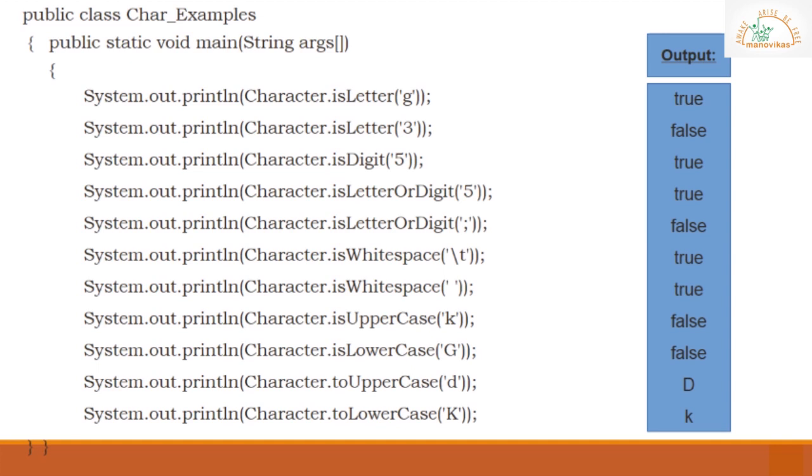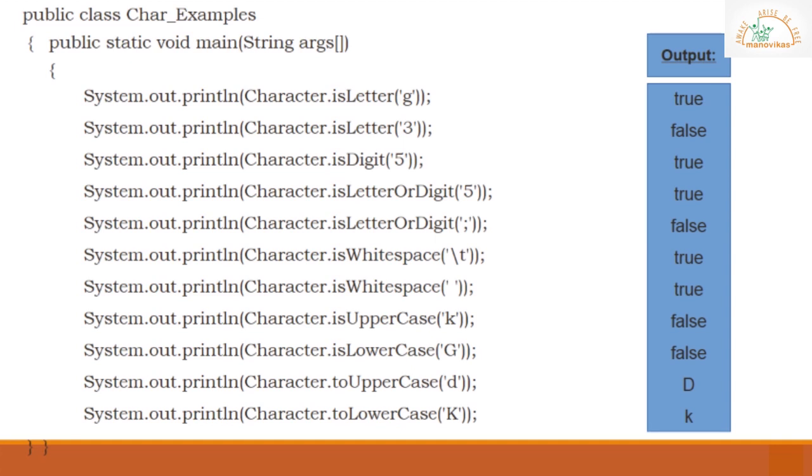The next function is Character.toUpperCase of alphabet d. This function will convert the argument to an uppercase letter. So this small letter d will be converted into uppercase D and the output will be displayed.